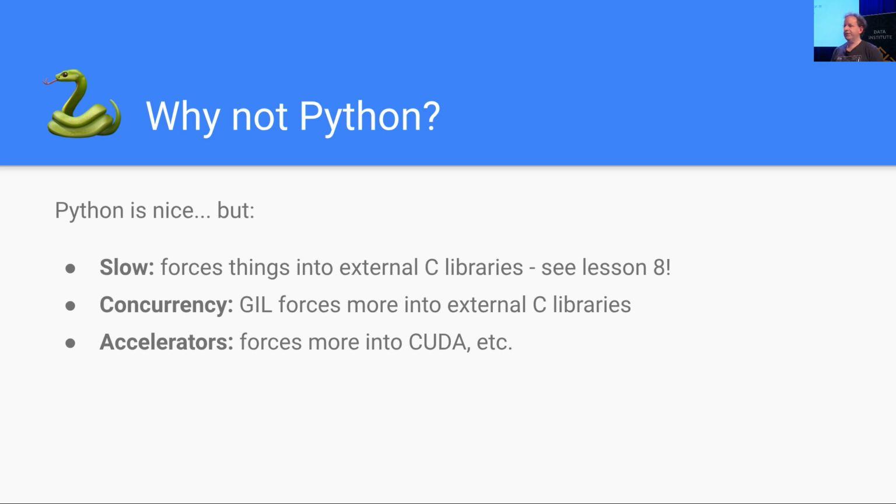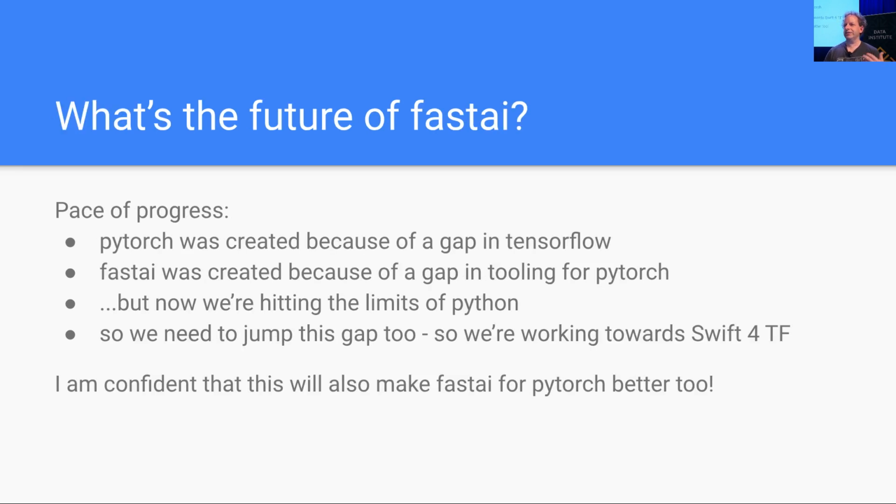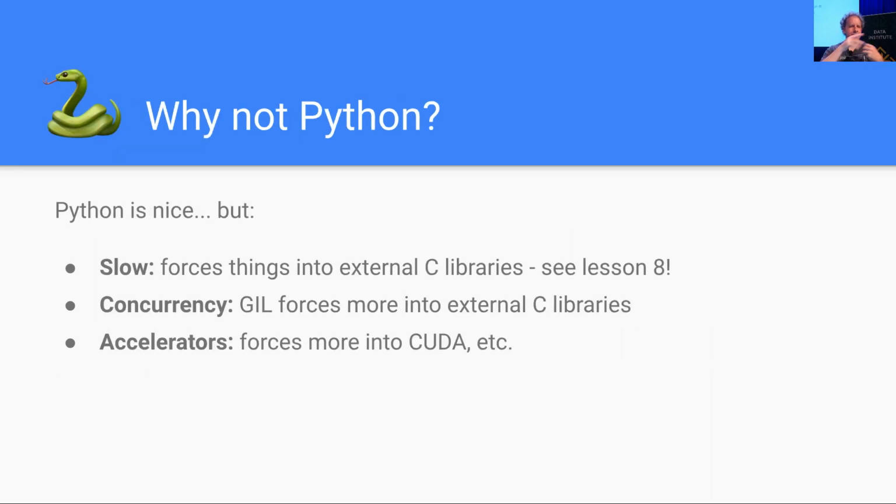Perhaps another question is, why not Python? For most people, the answer to the question of what do we do next is, given we're using Python, we fix the problems in certain ways. For example, in the TensorFlow world, they're creating things like tf.function, which allows them to connect up Python to the whole XLA environment, which you'll learn about.